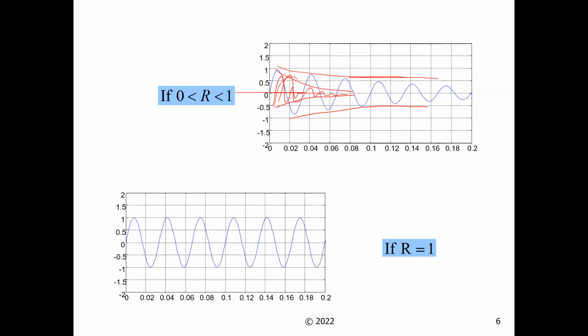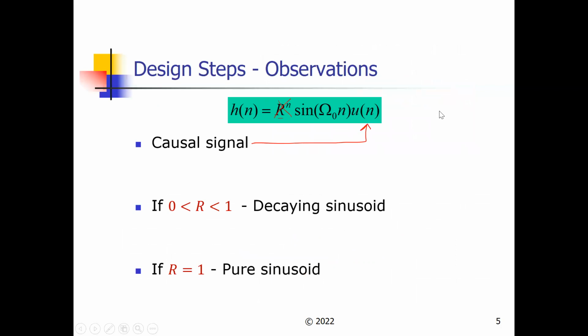Fair enough? All it was, we go back to the formula for generating a sinusoid. And remember, this omega naught is 2 pi f0 over fs. The highest frequency that I could generate, if you remember the whole thing about discrete sinusoids, they will go up to a maximum frequency and then come back down.